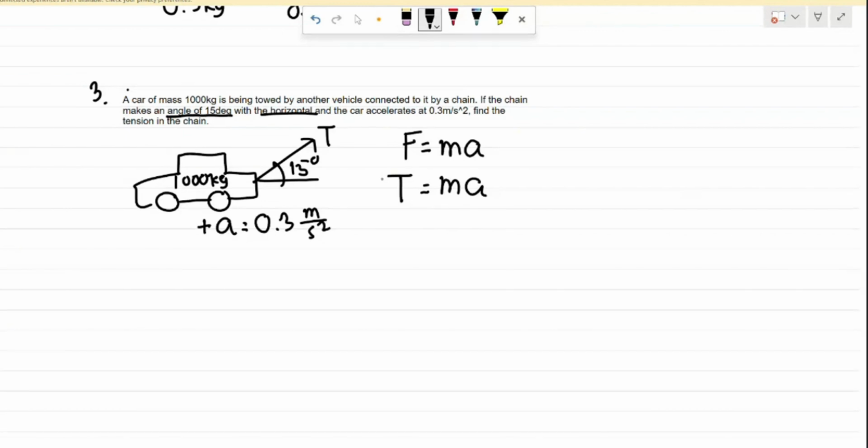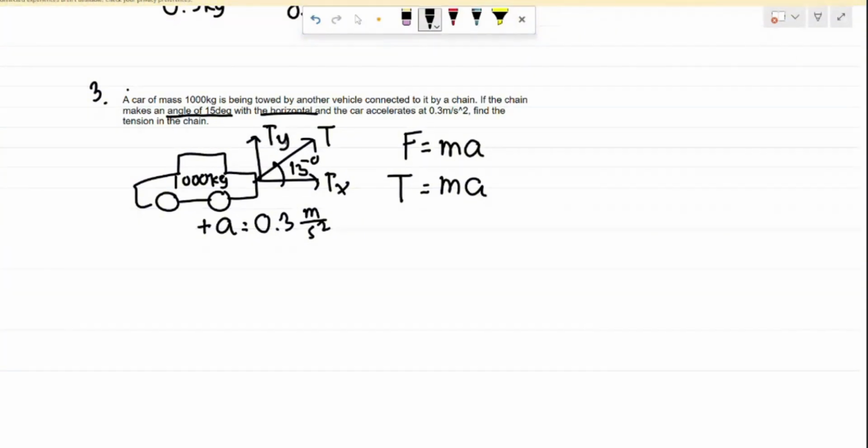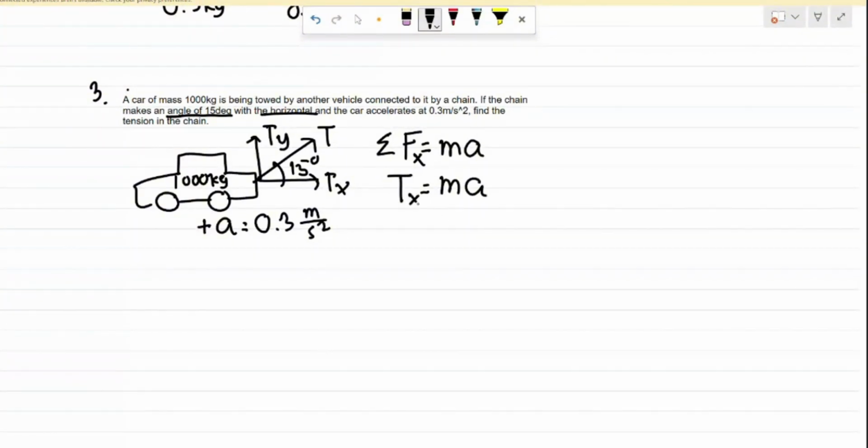Pero guys, yung ating tension, syempre nahahati po yan kay T sub X and T sub Y. So using ng ating component method, sir. Pero alin po sa ating dalawang forces, X or Y po ba, yung ating i-consider? Syempre, we are going to consider the summation of forces X because we are pertaining with horizontal displacement or horizontal acceleration. Therefore, yung tension natin would be the T sub X.